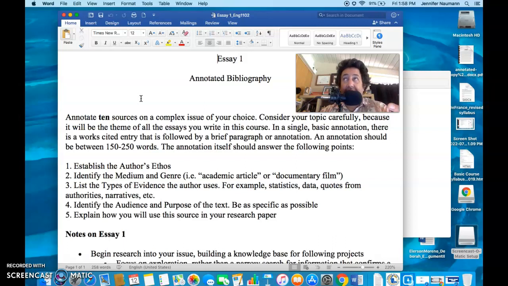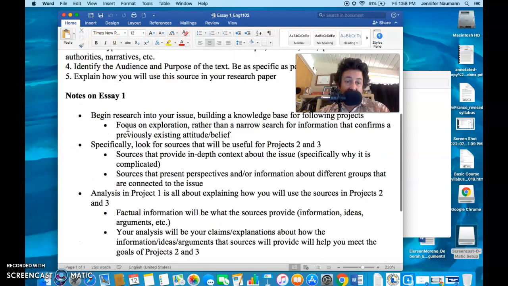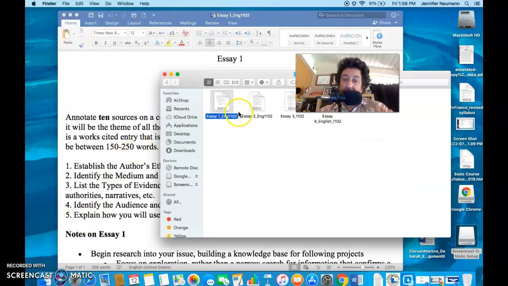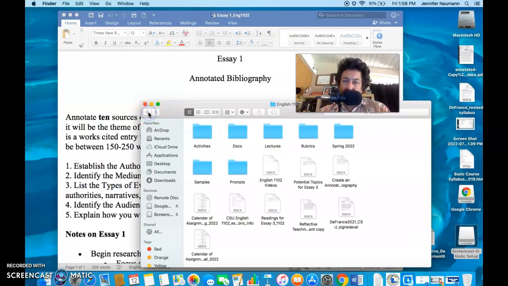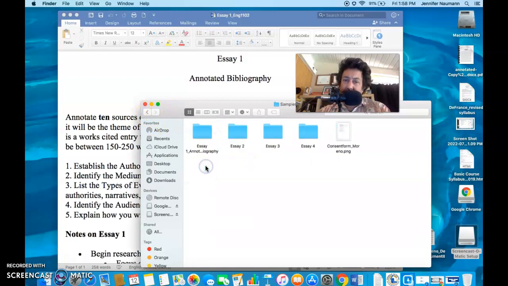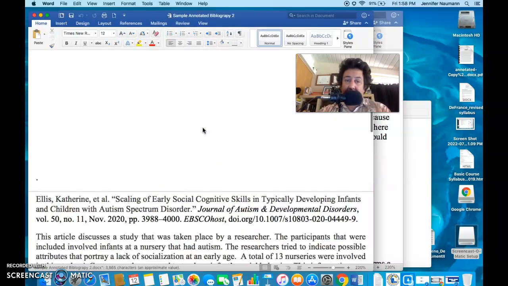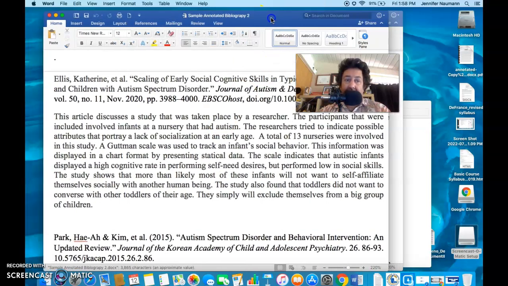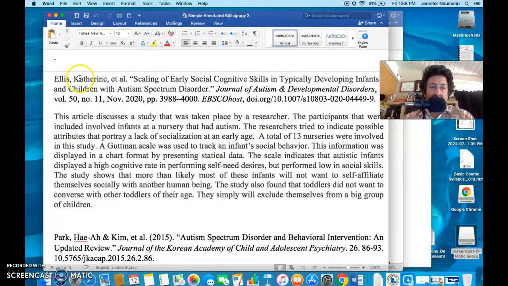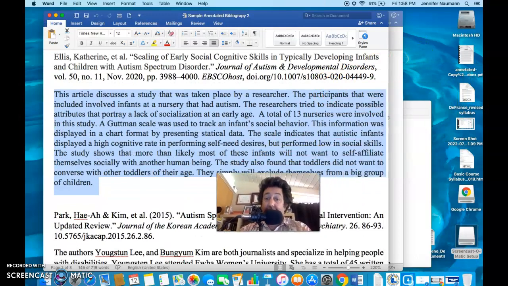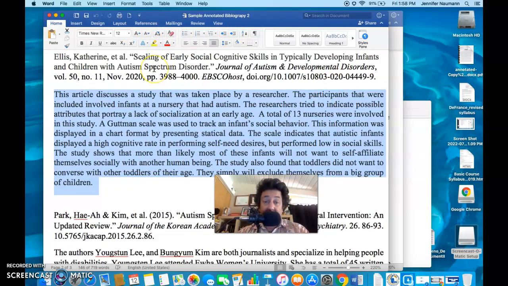It's a works cited page, and after each entry, you have a paragraph about that entry where you go into detail and evaluate the source. I'll bring up my sample, and that of course is helpful too. That's basically it in a nutshell.